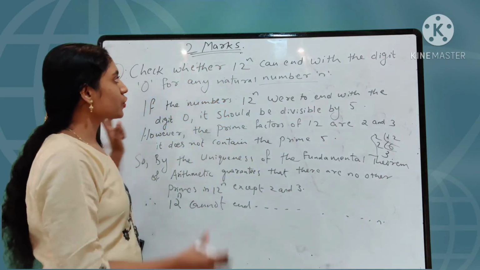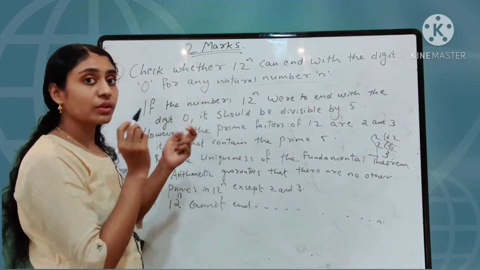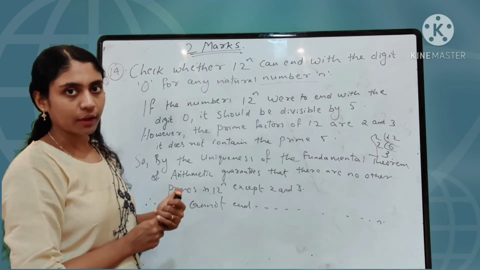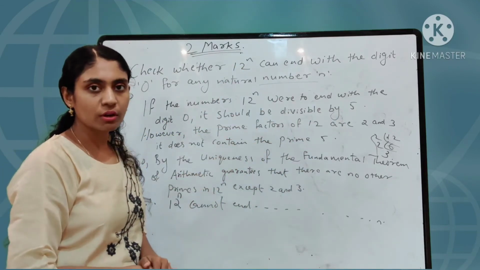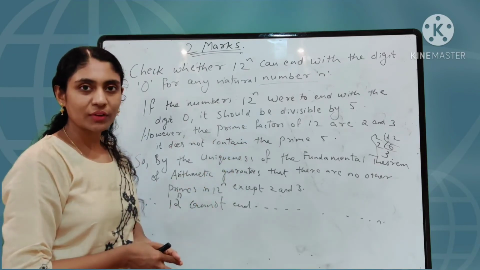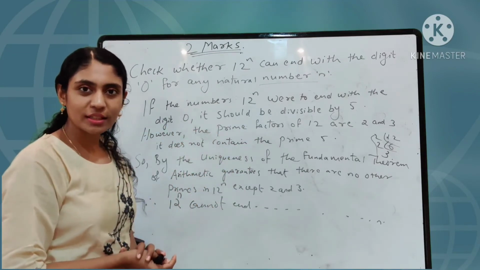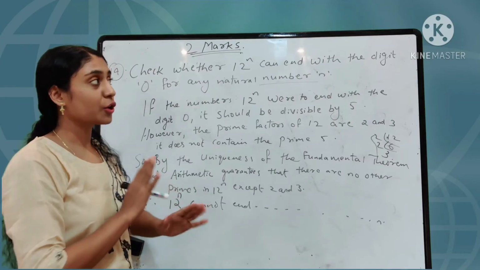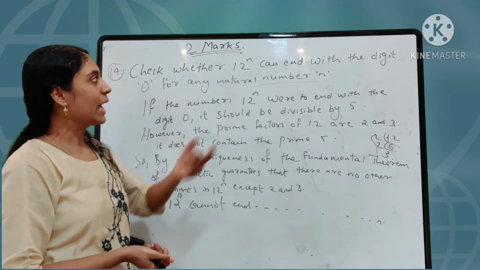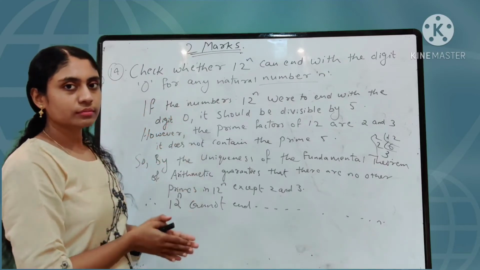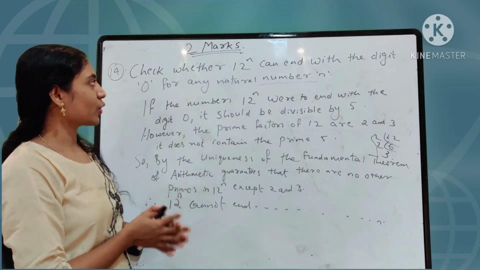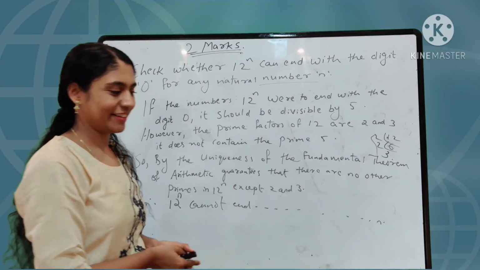Okay, understood? So if the number 12 raised to n is to end with the digit 0, it should be divisible by 5. But the prime factors of 12 are 2 and 3, because 2 into 2 into 3 is 12. It does not contain the prime number 5. So by the uniqueness of the fundamental theorem of arithmetic guarantees that there are no other primes except 2 and 3 in the number 12 raised to n. Therefore, 12 raised to n cannot end with the digit 0 for any natural number n.